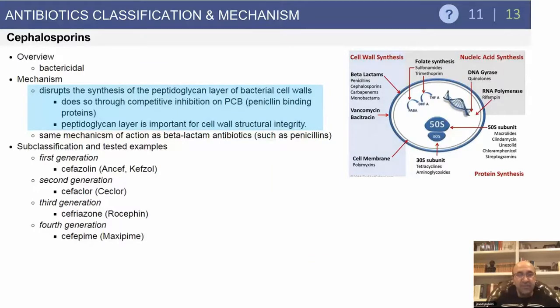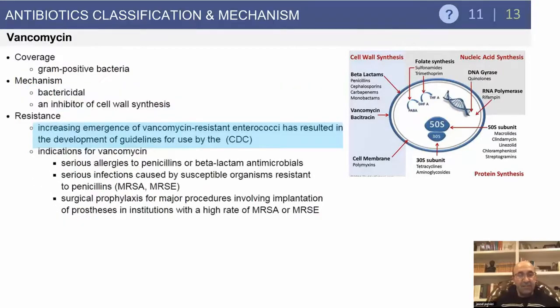Cephalosporin disrupts the cell synthesis of peptidoglycans, and as you know, peptidoglycan is a cell wall, and because of its disruption, the bacteria die. First generation is Ancef, Ceclor, Rocephin, and Maxipime. These are the generations that are available in clinical practice.